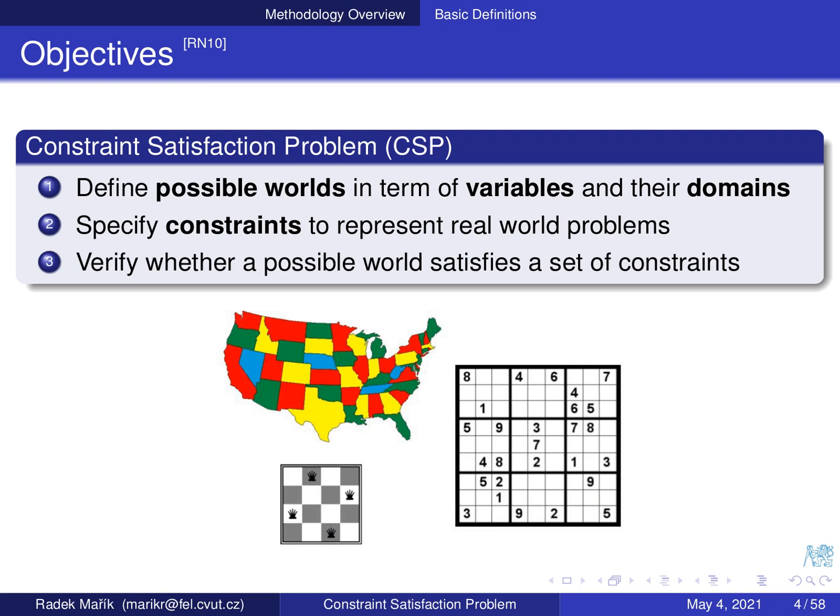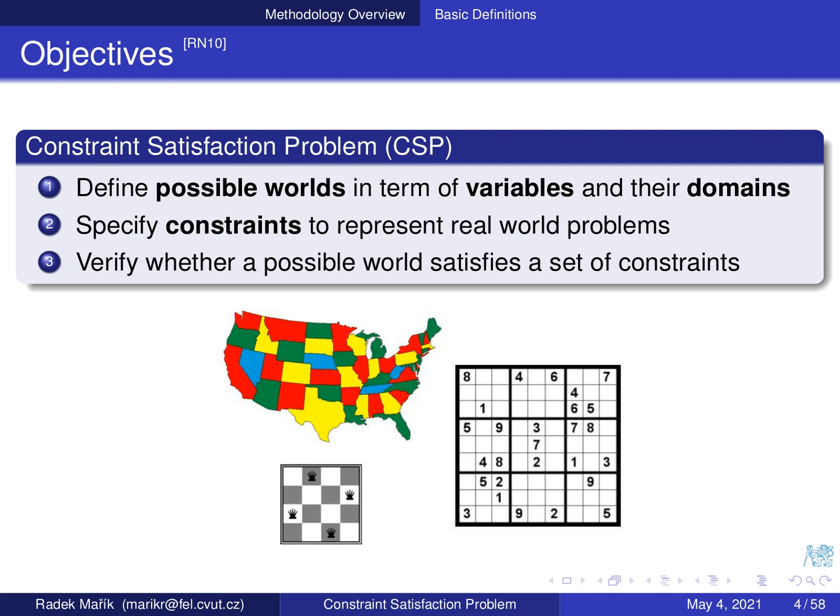Furthermore, we specify constraints that represent real-world problems. The goal is to find a possible world, by assignment of values to variables, that satisfies all constraints.